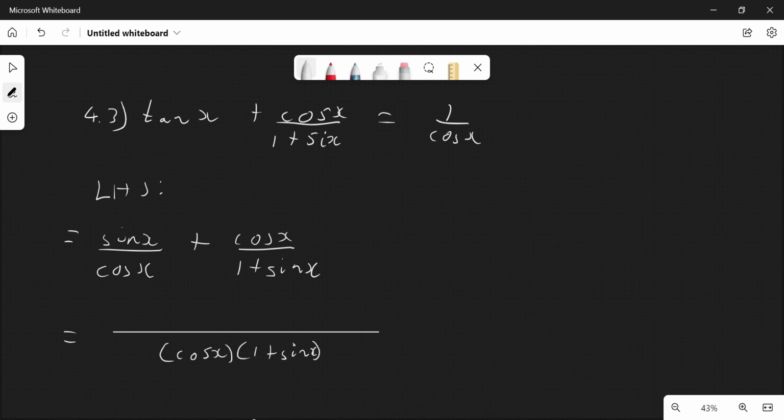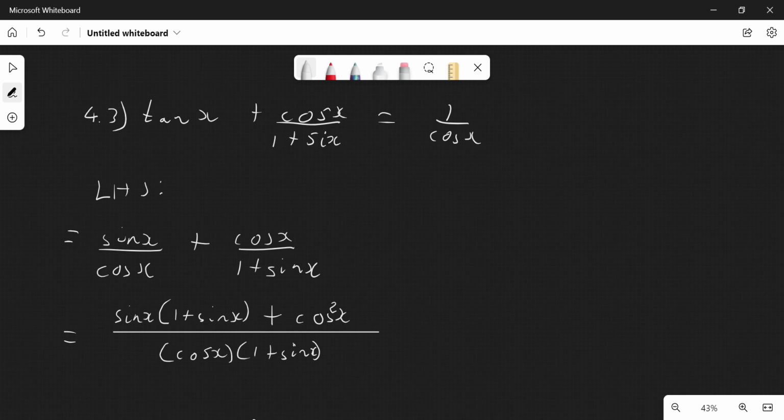And this is sine x times 1 plus sine x plus cos x times cos x, so cos squared x.